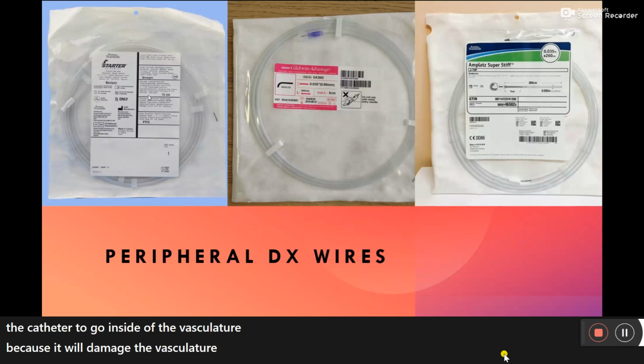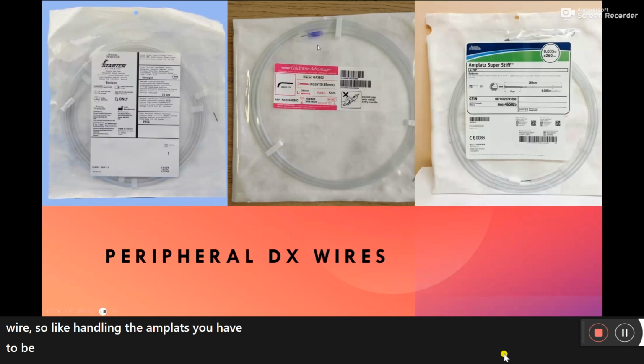So like handling the Amplatz, you have to be very, very careful and make sure you secure it when it's outside of the body. You want that to stay in a wet environment. So if it's not in the body, either put it in your equipment bucket that has heparinized saline in it, or keep saline flushed in the wire tubing so it stays wet, because if it gets dry, it becomes sticky and difficult to use.